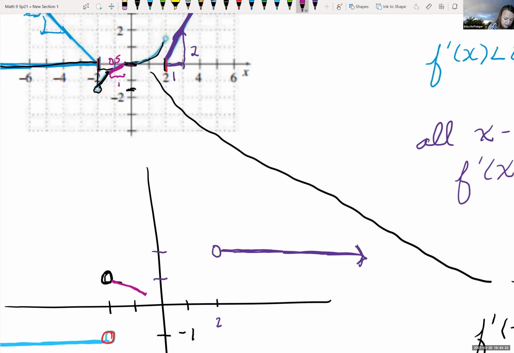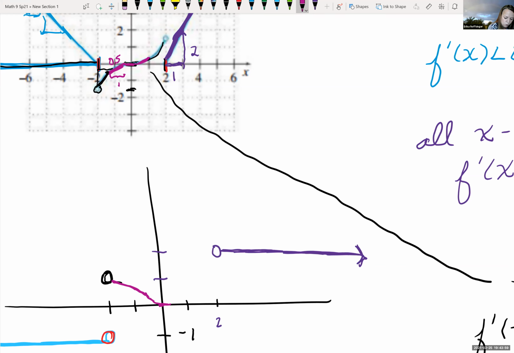And then notice here, it kind of levels out for a little bit. And so here, we're going to come down and hit that y-axis, 0. Our slope is about 0 there. But then we rise again, but we're not rising as fast as we were over here. I mean, we were rising faster.